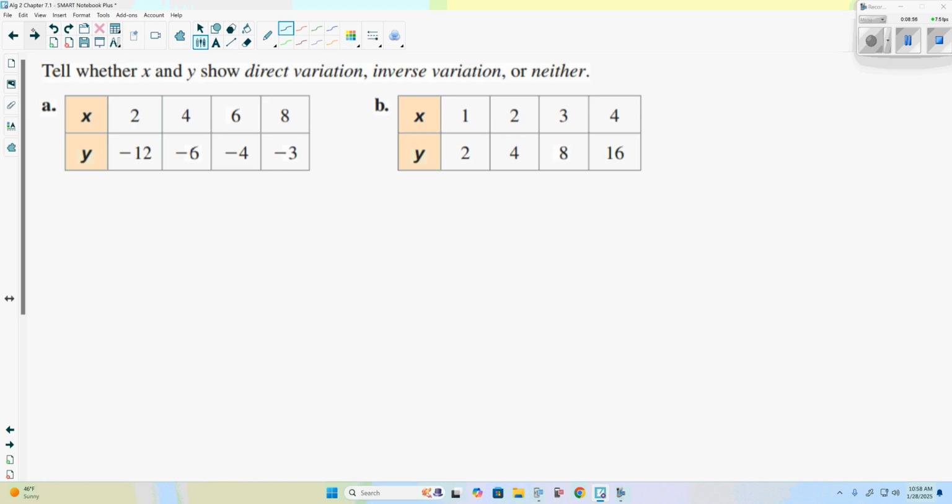Tell whether x and y show a direct variation, inverse variation, or neither. Now there's a specific equation we're going to use with both of these here.